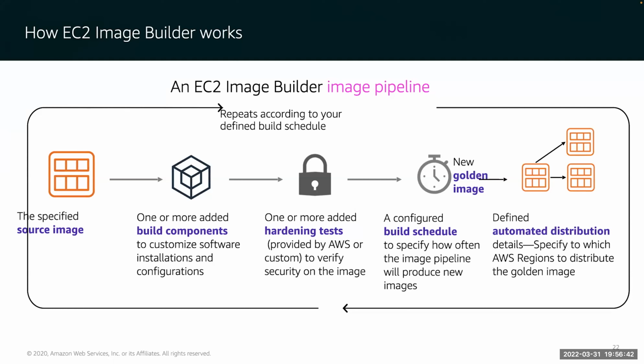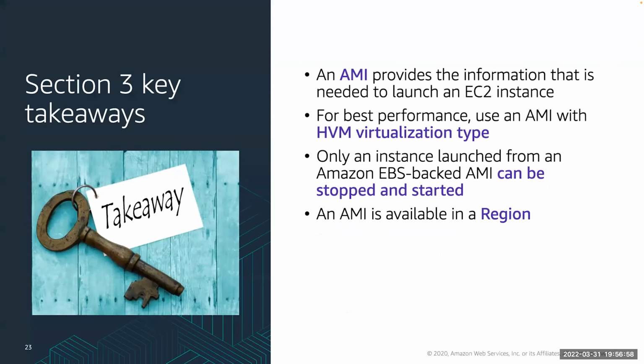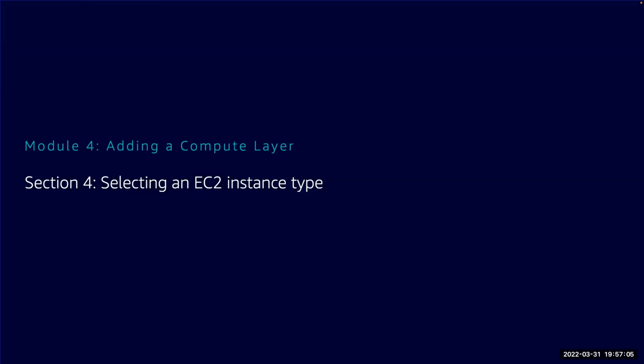In step 3, you will select the hardening tests that should be run each time the image pipeline runs so that the image passes those security checks. In step 4, you schedule the building to identify how often this pipeline should run and when. Finally, you define whether you want the image to be distributed to a selected region or to specific regions.